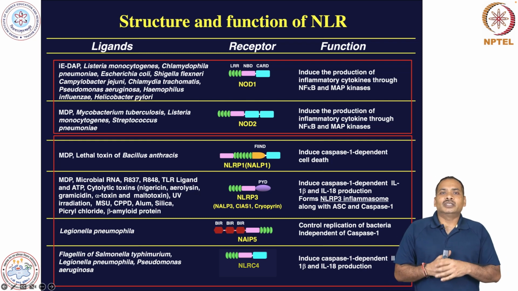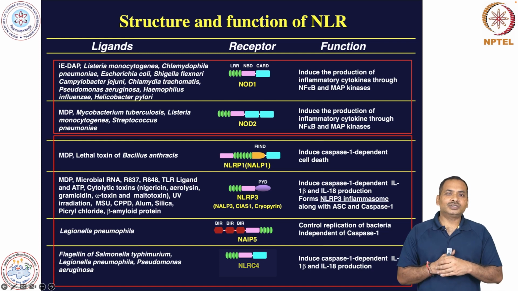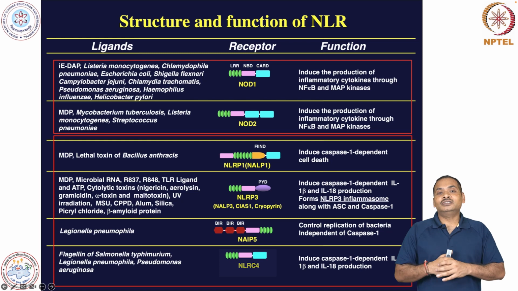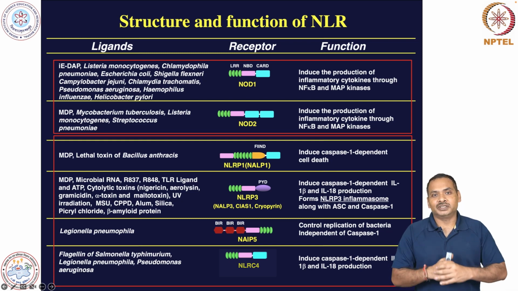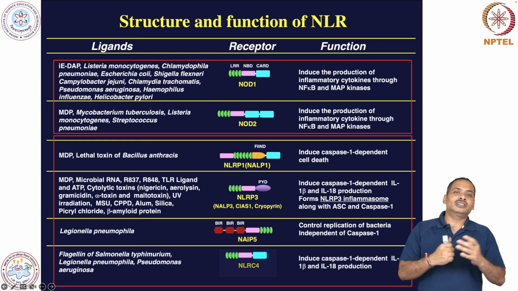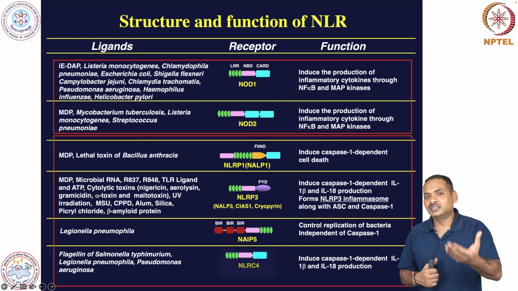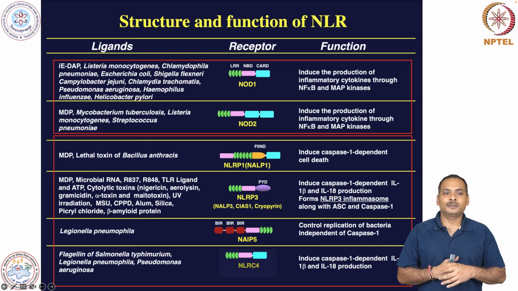Okay. So probably you are aware that there are two major kinds of toxins produced by bacteria. One is endotoxin. Endotoxin is like LPS. Exotoxins are toxins which are synthesized in the bacteria and then secreted out. Okay.